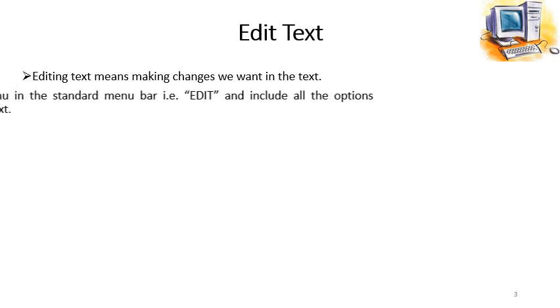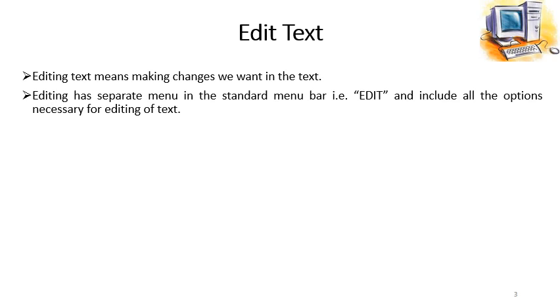Now edit text. How can we edit text in a Word document, or in how many ways can we edit text in a Word document? Editing text means making the changes we want in the text. Editing has a separate menu in the standard menu bar, that is Edit, and it includes all the options necessary for editing text.